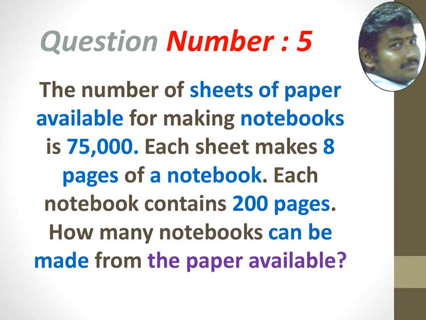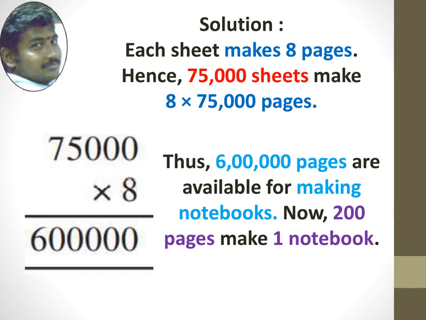Now the question is, the number of sheets of paper available for making notebooks is 75,000. Each sheet makes 8 pages of a notebook. Each notebook contains 200 pages. How many notebooks can be made? Each sheet makes 8 pages, and 75,000 sheets are there.